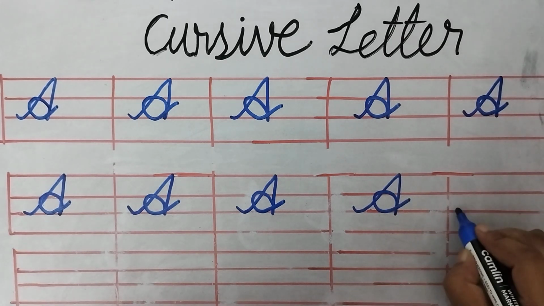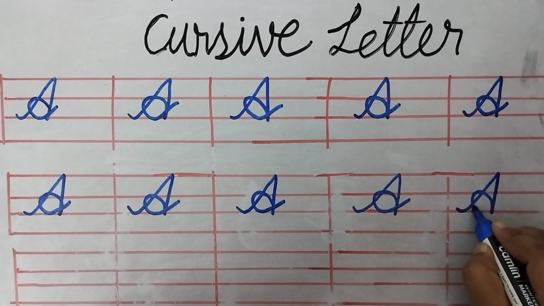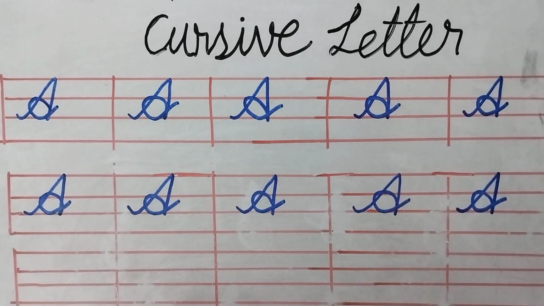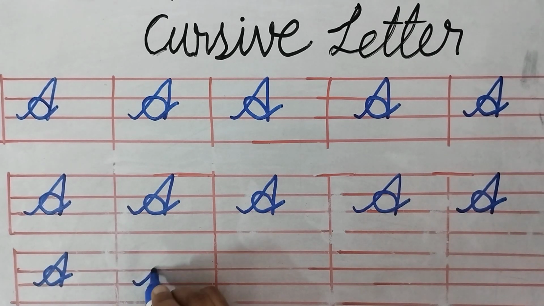Like this. Okay. So, slanting line, somewhat slanting, then curve like this. This slanting line touches the upper line, so come back like this.